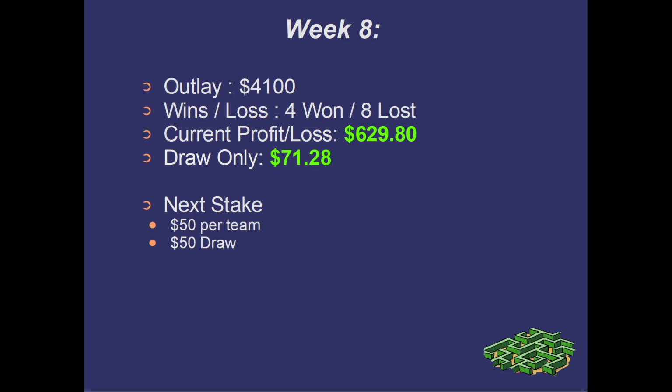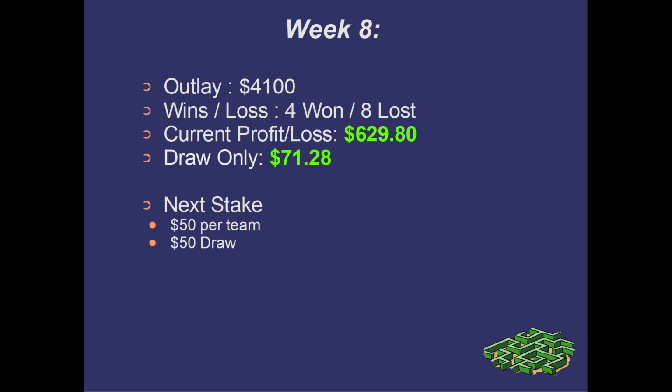So that now brings us to an outlay of $4,100. We've won 4, we've lost 8. The current profit for backing the home and away teams is $629.80. And had you just been laying the draw during that time, you would only be up $71.28.